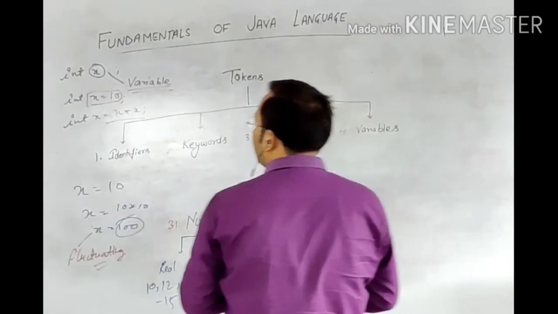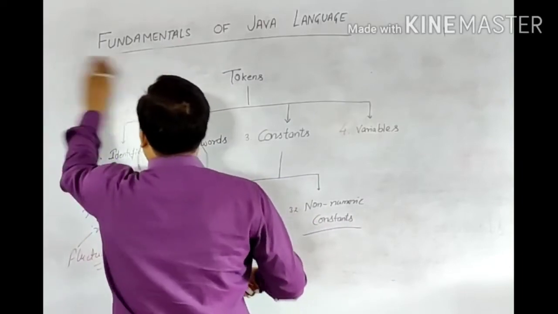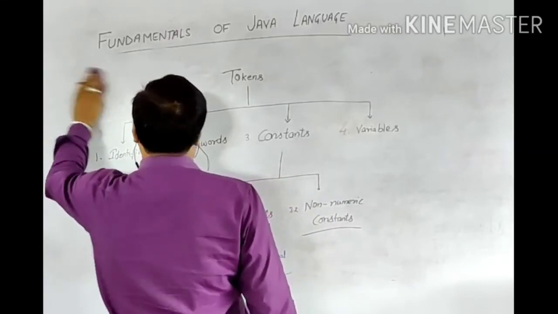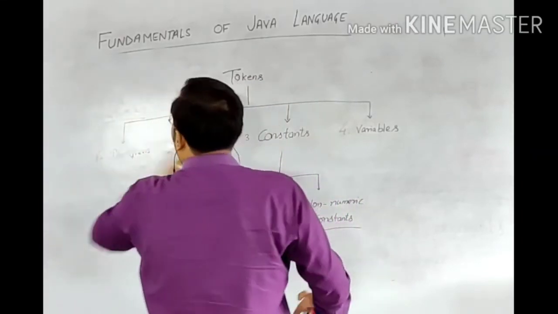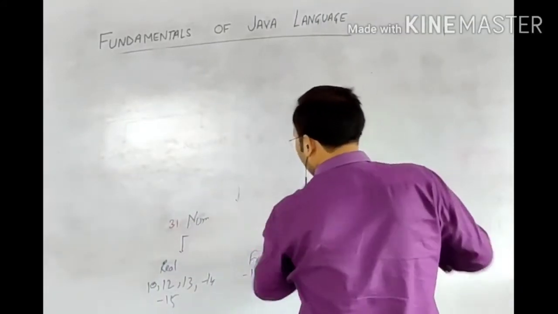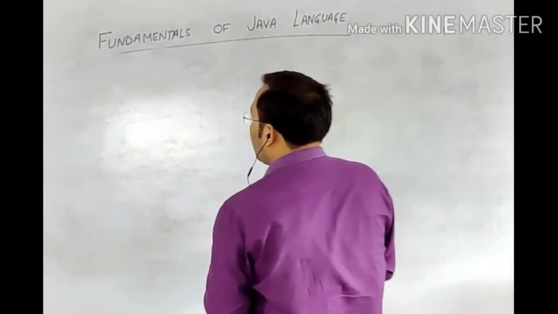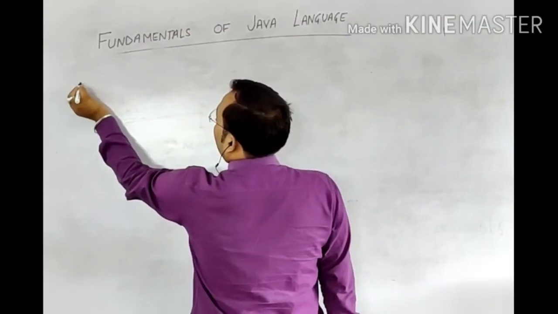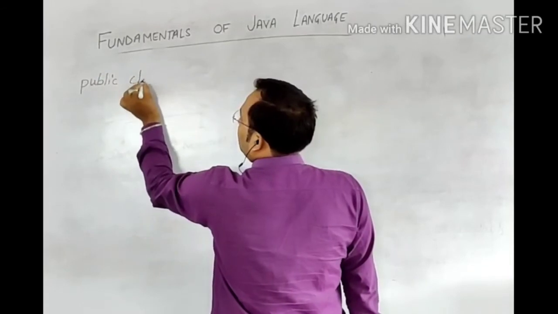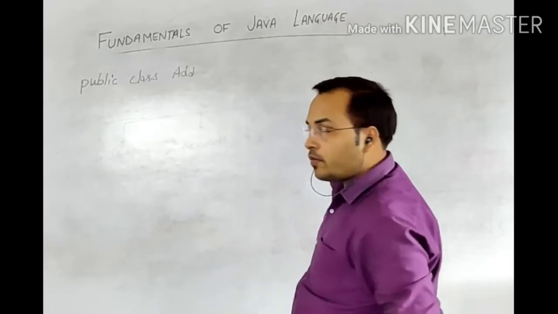Now, how are variables defined and how are they initialized? Let us understand it with one small program. Suppose public class add. You are making a program of addition.